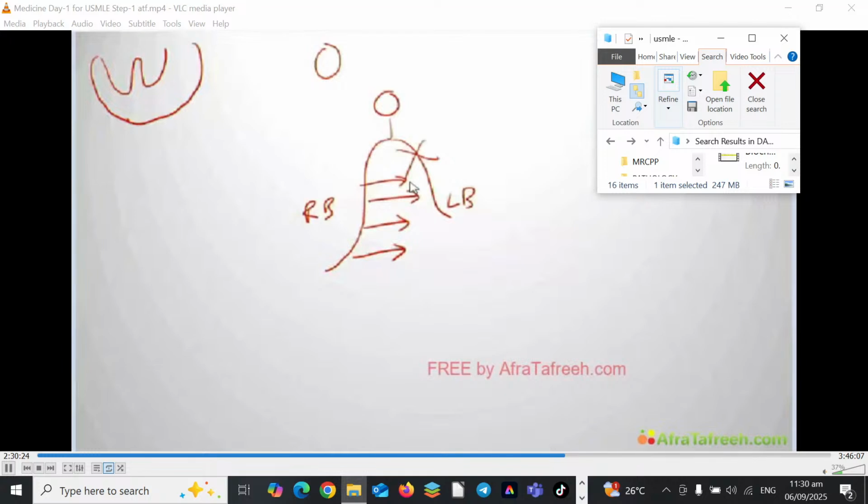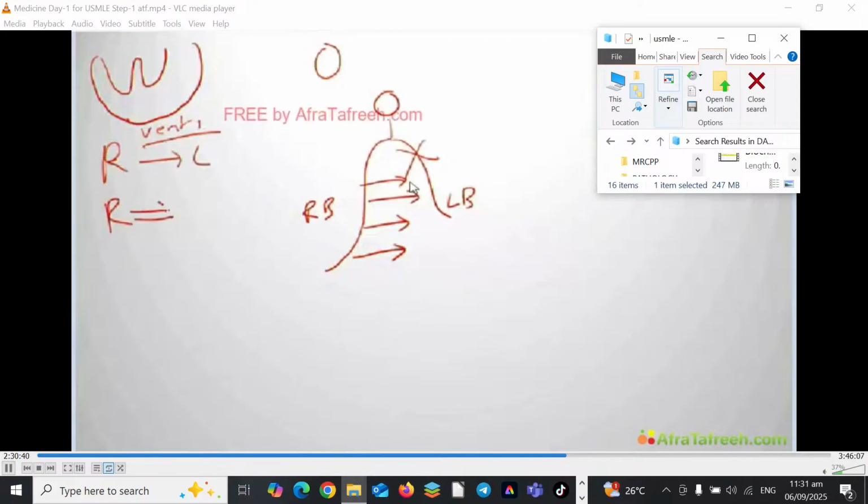I'll repeat. Already the ventricular depolarization was going right to left. Now it would be more left. The septum, however, this part here was left to right.